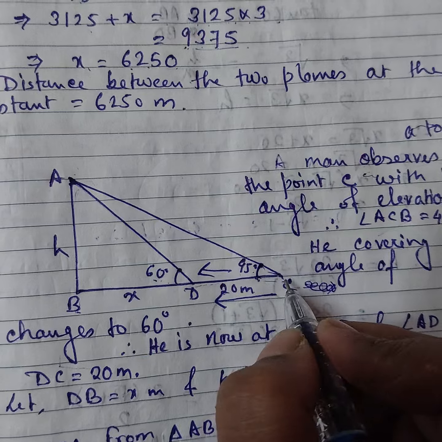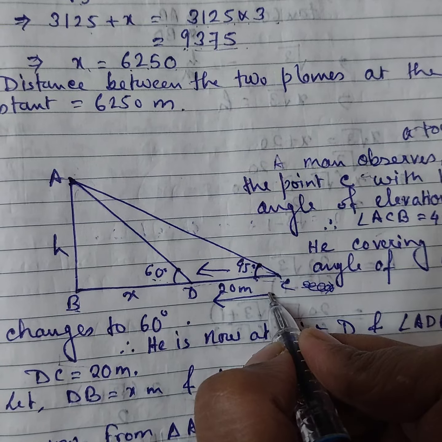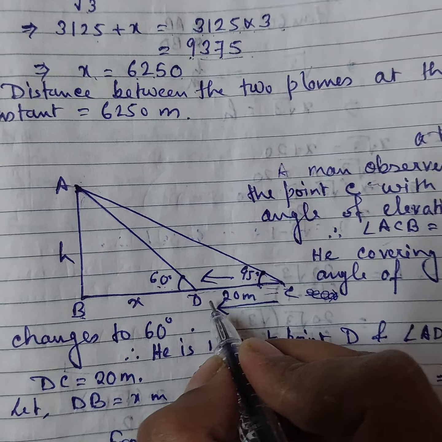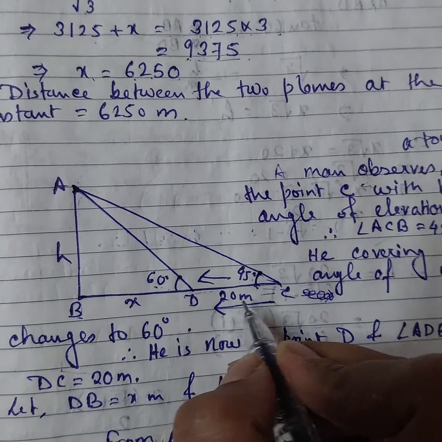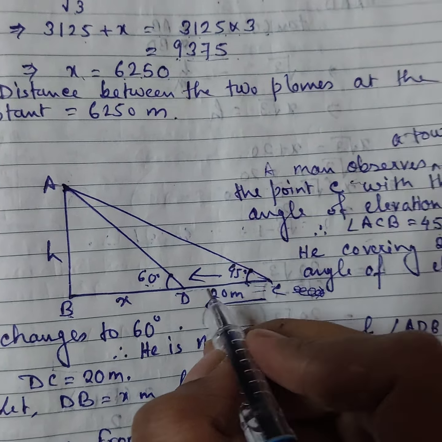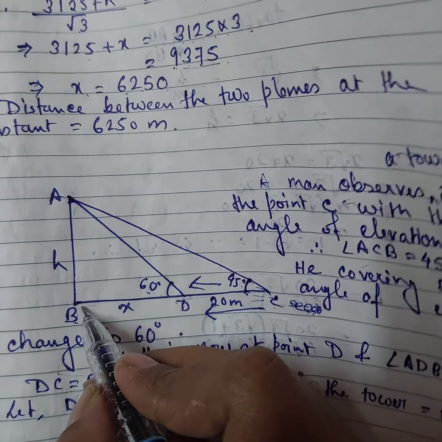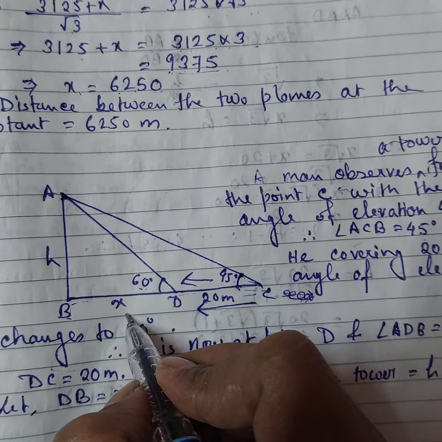Since the angle of elevation is increasing, the man is walking towards the tower, and the distance covered is 20 meters. So you can let this distance be x.